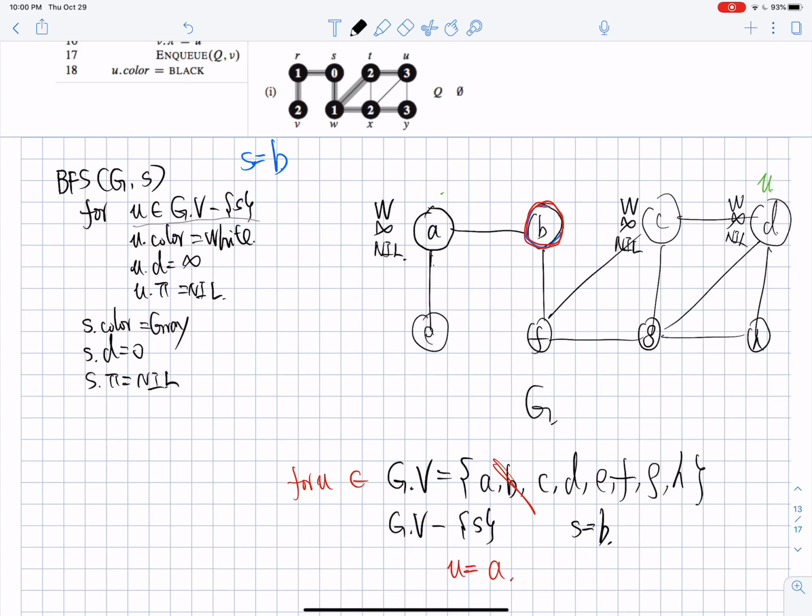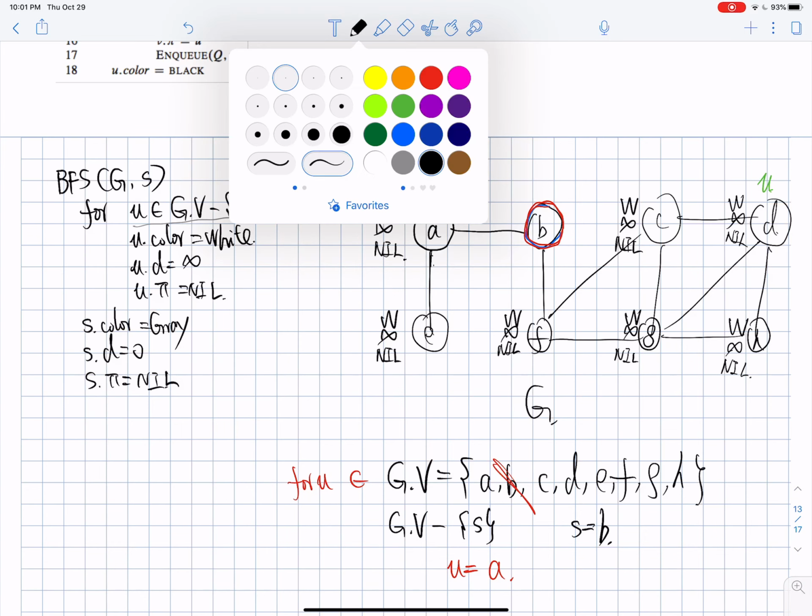Similar for all the other nodes. I'm just going to write them down very quickly to save some time. W, infinity and nil. Okay, and then we finish this for loop.